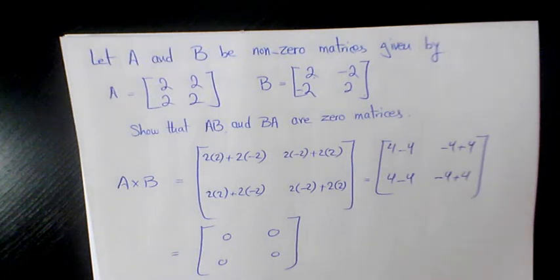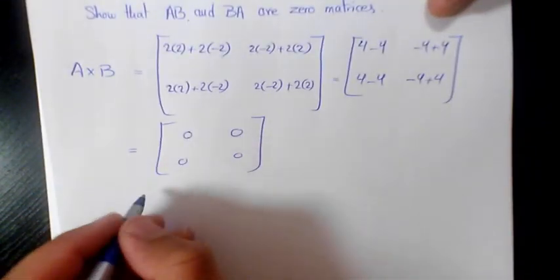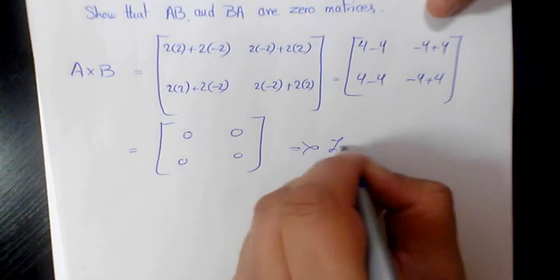So the multiplication of two non-zero matrices gives us a zero matrix.